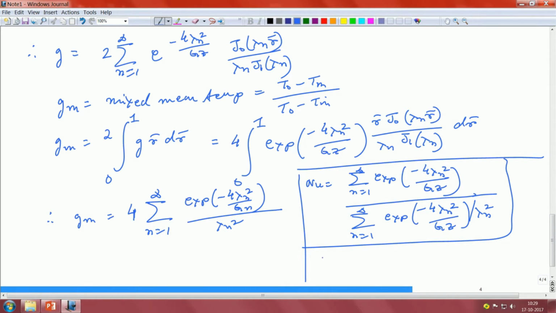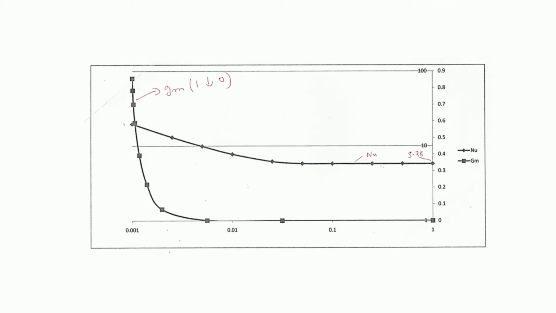Obviously, as x bar approaches infinity, the Nusselt number in this particular form approaches 5.7831. It is a little higher than your other cases. That is because you are dealing with a uniform flow field right now.